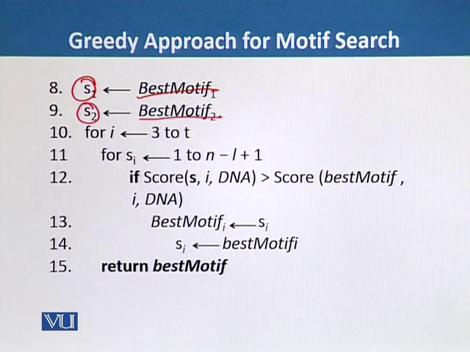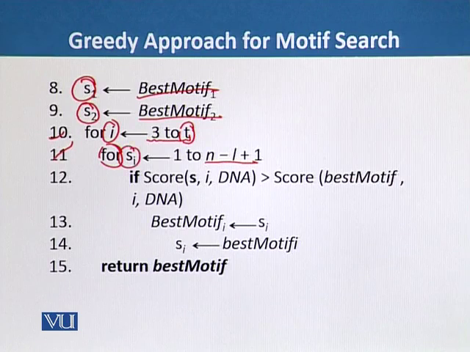After finding the best values and assigning them to s1 and s2, we move on to the third DNA sequence, that is, from the third to the end of all T DNA sequences, and we assign this to i. Then the for loop is applied again and we assign the same value 1 to n minus l plus 1 to s_i.